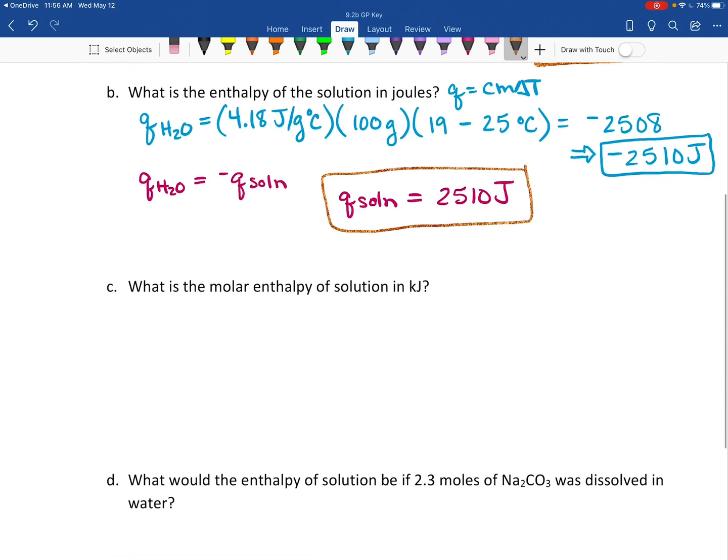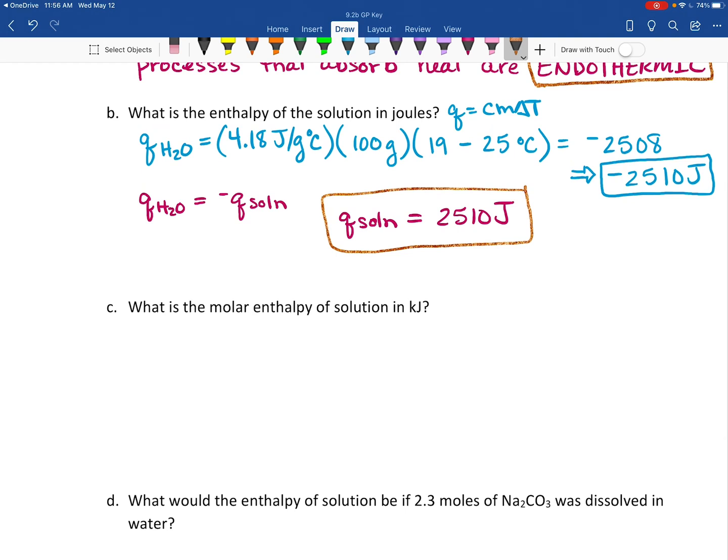The next question asks us, what is the molar enthalpy? With molar enthalpy, what we want to know is how many moles of this substance we had to begin with. There's a process to solving these. The first thing I'm going to do is convert joules to kilojoules.